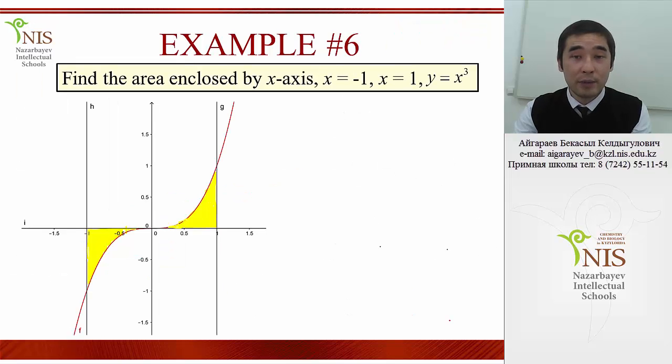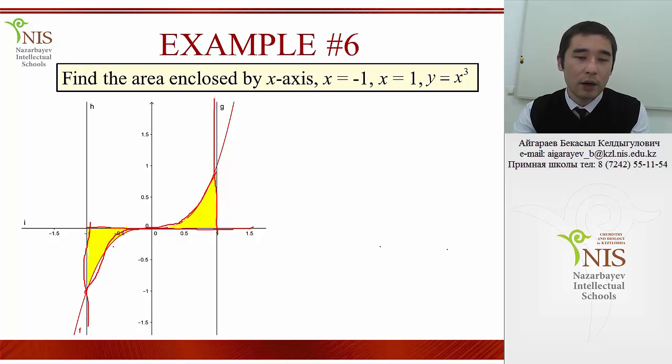Let's go to example 6. Here we have to find the area enclosed by the x-axis, x is equal to minus 1, this line, and x is equal to 1, this line, and y equals x cubed, that's my function right here.